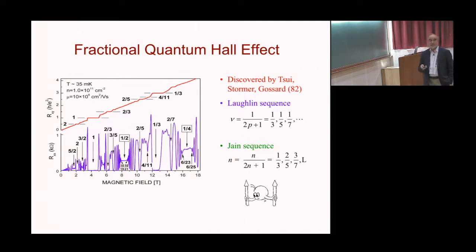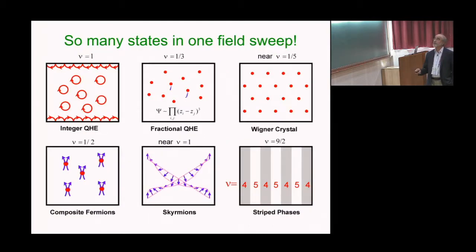It's nevertheless amazing that with one tuning knob, the magnetic field, you can get all these rich phases one after the other: integer, fractional, crystalline striped phases, topological excitations, quasi-particles that are composite fermions or composite bosons, depending on what field theory you like to use. So it's a very rich subject, but that's not the topic of today's talk.